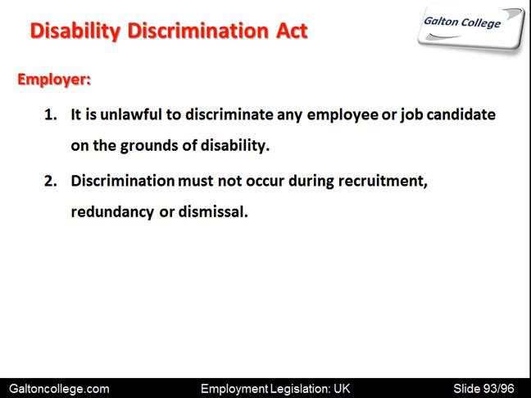That's the important part. And discrimination should not occur during recruitment or redundancy or dismissal. If the company is facing redundancies because it has to wind down, because the market has turned down, then disabled people working for the company should not be let go first. That's wrong.